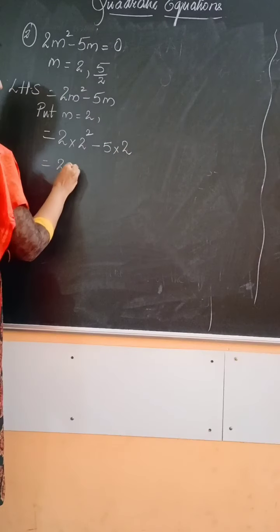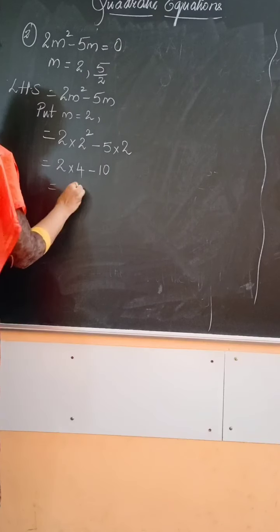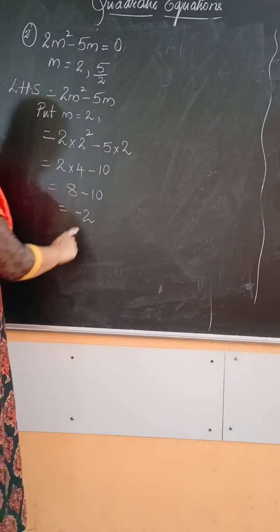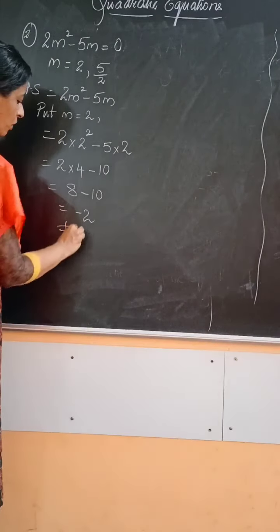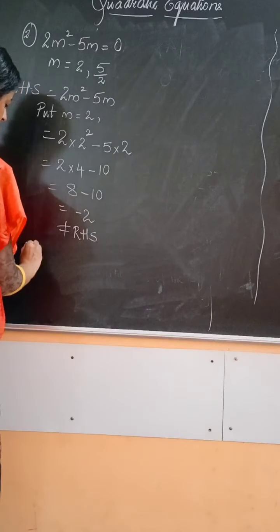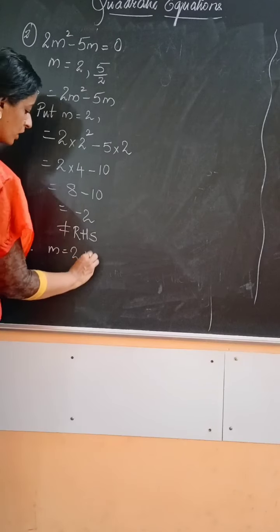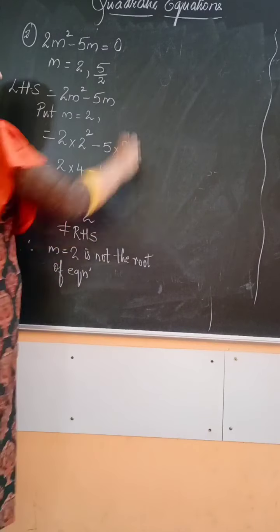This will be 2 into 2, 2s are 4, minus 10. 8 minus 10 is minus 2. Is it the same? No. So not equal to RHS. Therefore, m is equal to 2 is not the root of the equation.